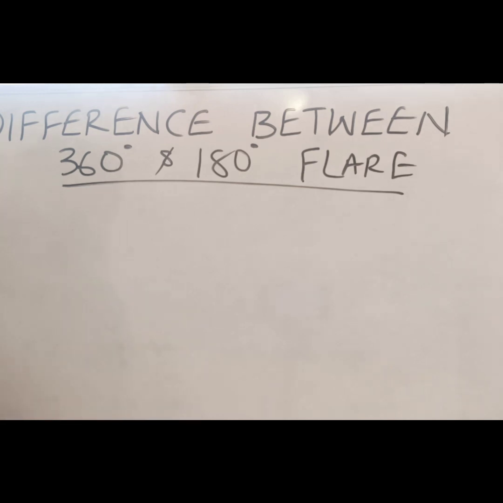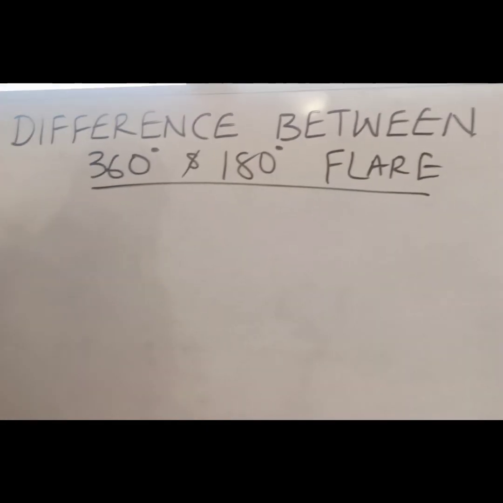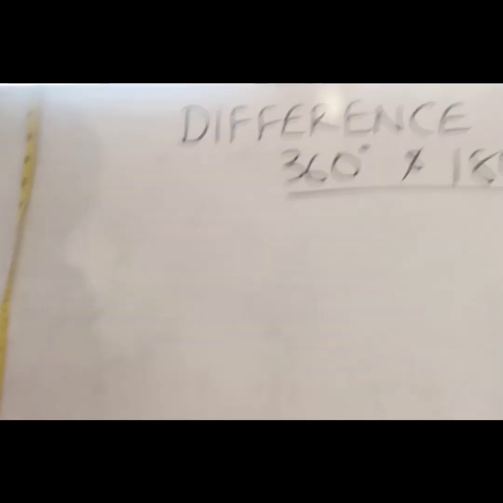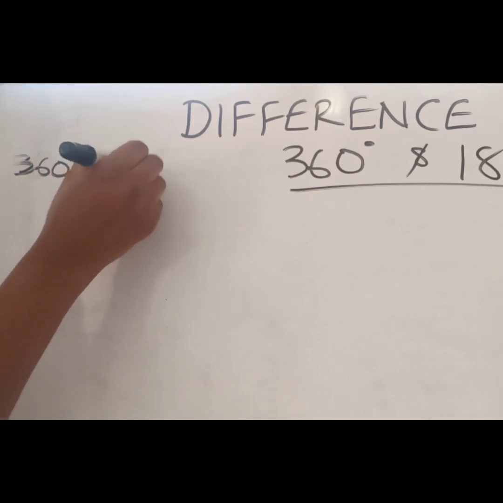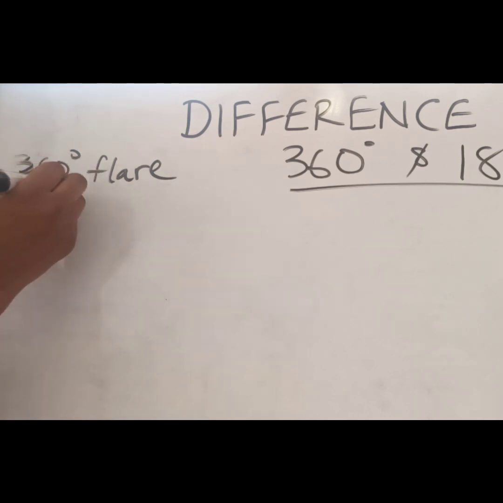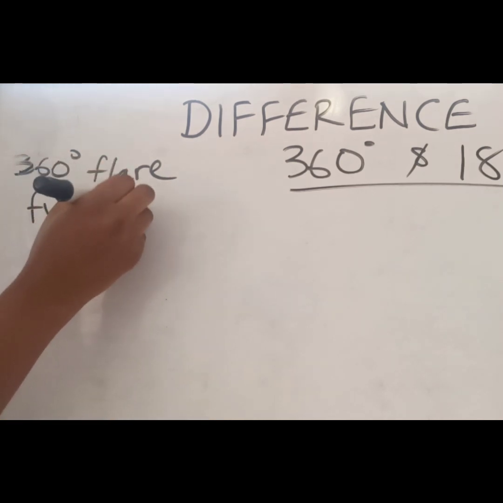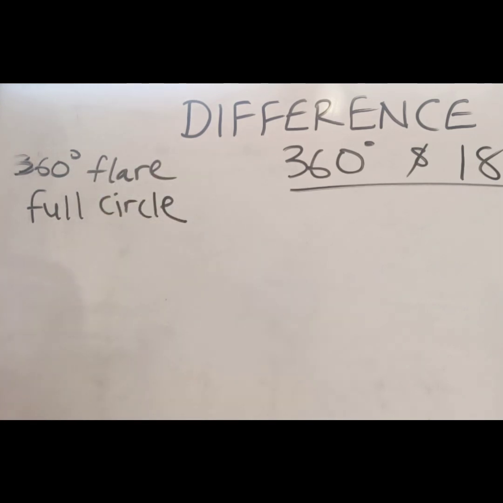The folding is different. First of all, a 360 degree flare is also known as a full circle.